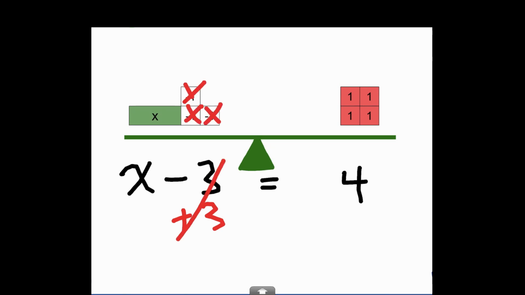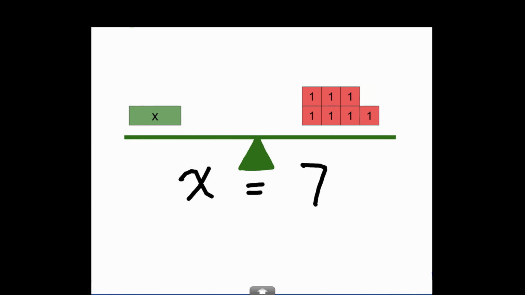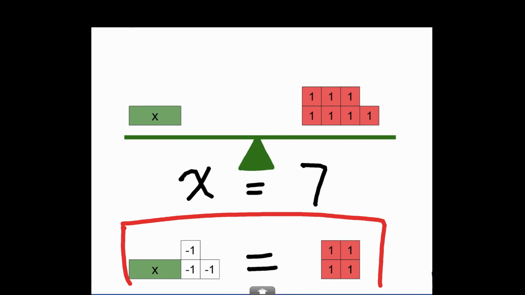What we do on one side, we've got to do to the other. If we added 3 on this side of the expression, we've got to add 3 on this side of the expression. And with our new equation, it would look like this. x equals 7. We have just solved for x. If we took a look at the original equation, it was x minus 3 equals 4.